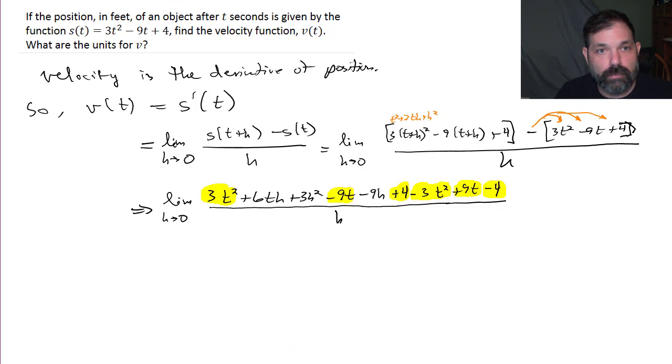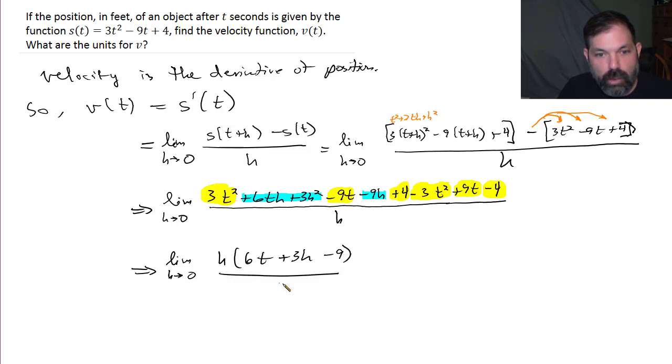Notice again, the remaining terms all have a factor of h. Let's factor out the h. Limit h approaching 0, h times 6t plus 3h minus 9, over h.